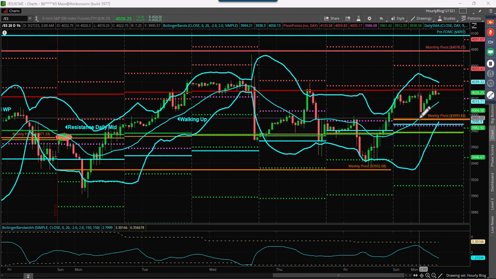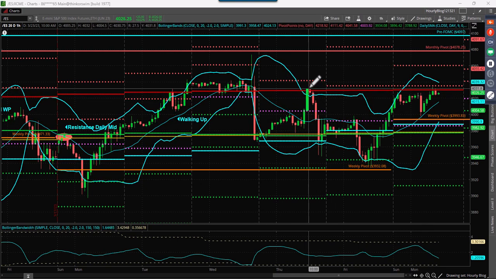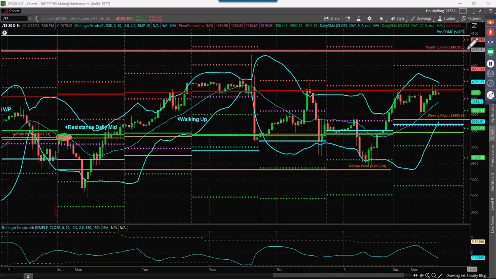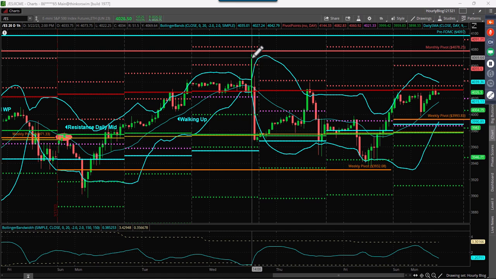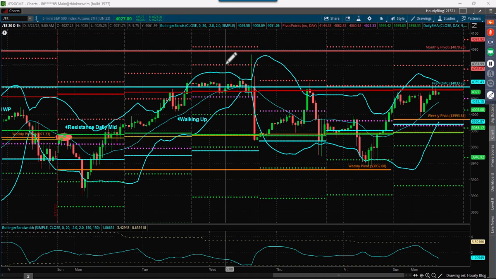So what is this waiting for? Well, you're waiting for a higher high here if you're the bulls. Then you're going to have to deal with monthly pivot up at 40.78, and you're going to have to deal with that Fed reaction high up at 40.73.75. The first stop would be the pre-FOMC price, which in my infinite wisdom I did not move on this chart, but now I did. Magical, right?